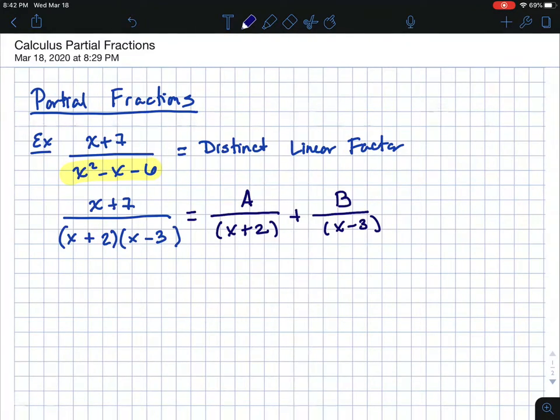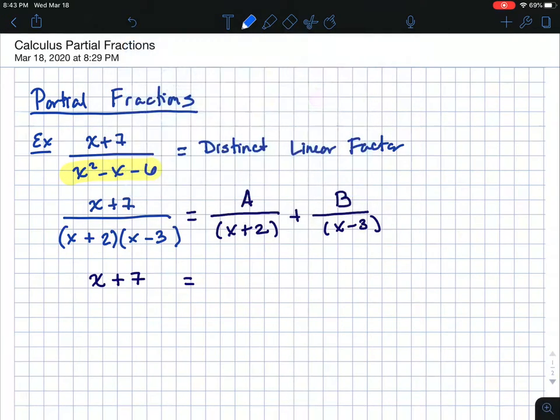The next thing we're trying to do is get rid of this denominator. We're just going to have x plus 7 here on the left. On the right, we've got A over x plus 2 and B over x minus 3. Whenever we want to add two fractions together, we must have a common denominator.